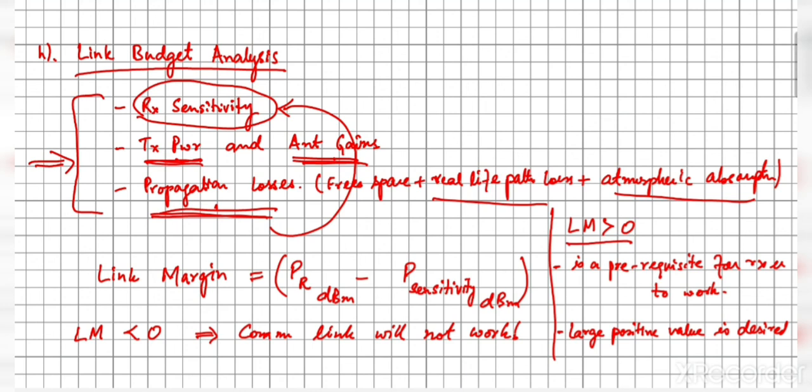A large value of link margin would also be desired if we want the communication to be robust against what we refer to as fading in wireless communication, channel fading. Channel fading is a concept which means that the channel gain is fading either across frequency or along time.